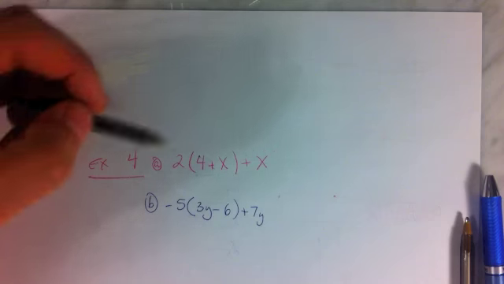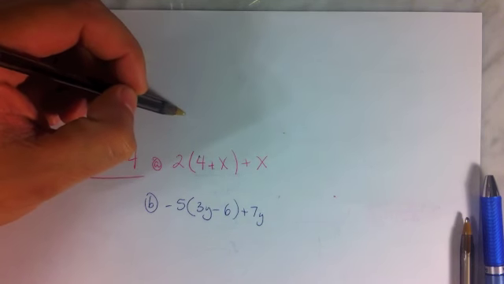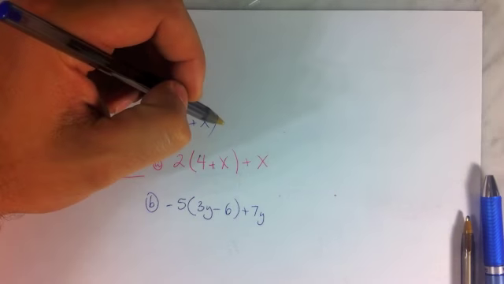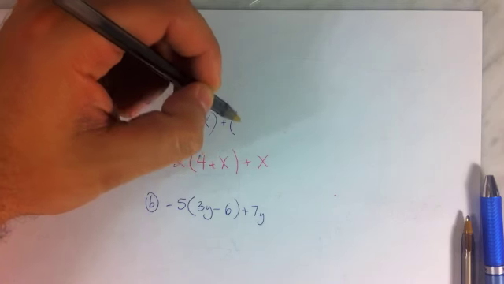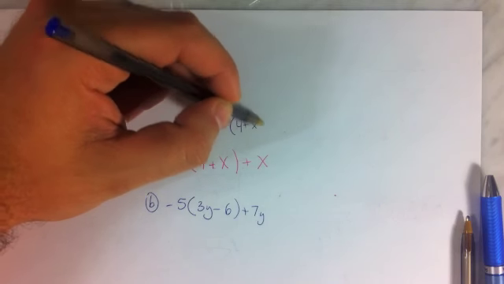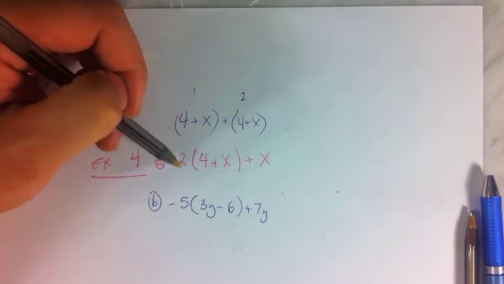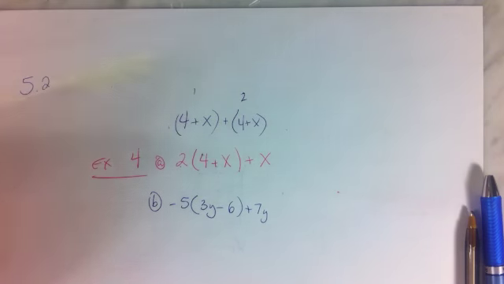It'd be kind of like saying we had 4 plus x once added to 4 plus x twice. 1 time, 2 times. So that is 2 times 4 plus x.